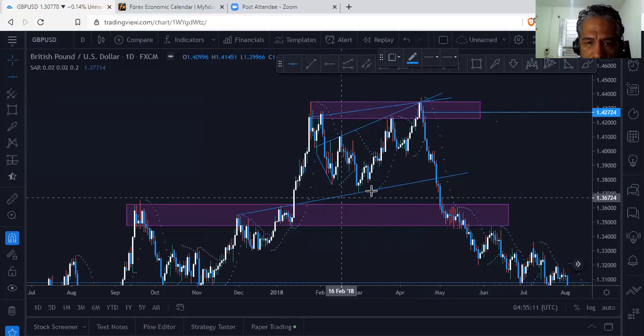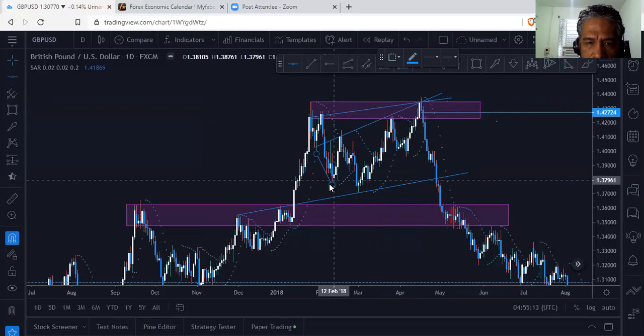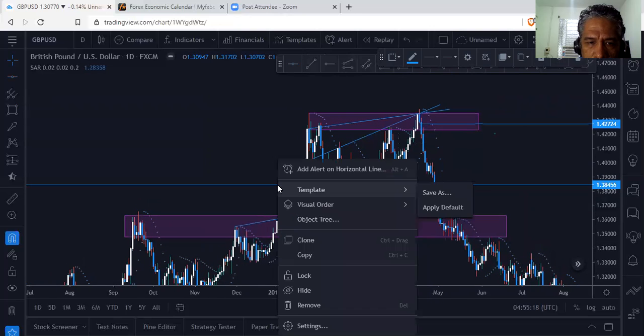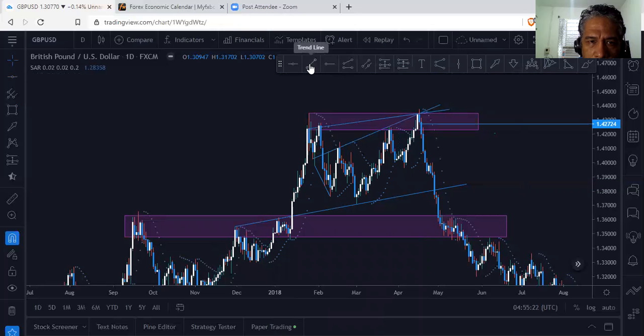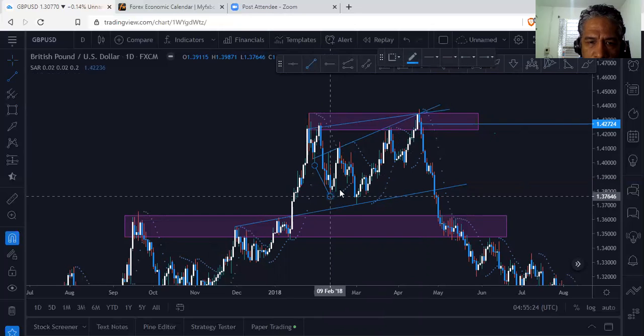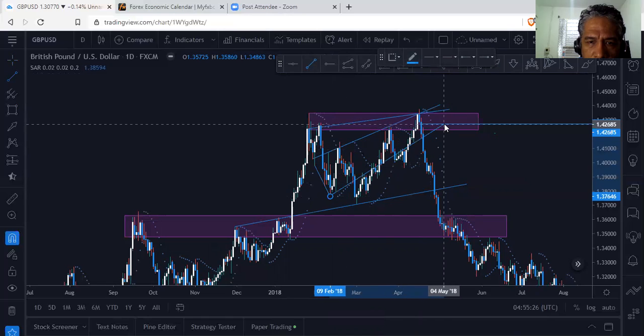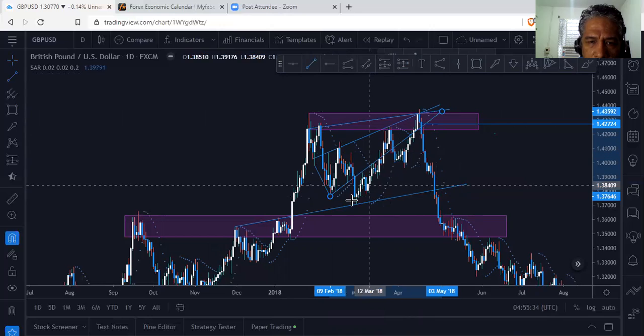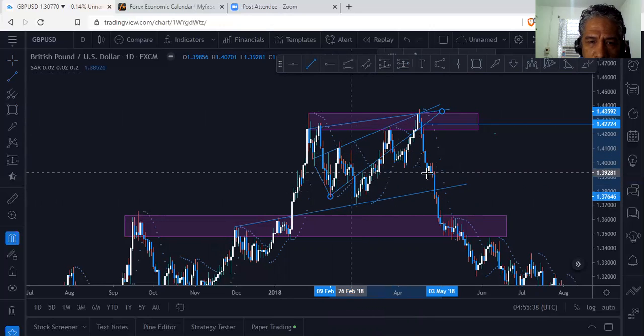And you can see I can make many trend lines here. It will be broken by our, this is a trend line. You see that trend line? It is broken, and this is also a trend line.